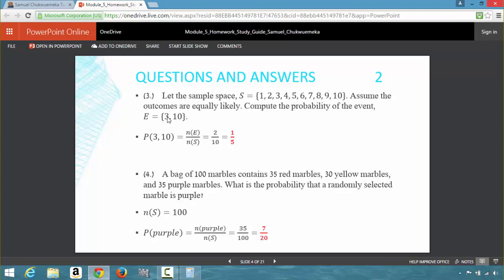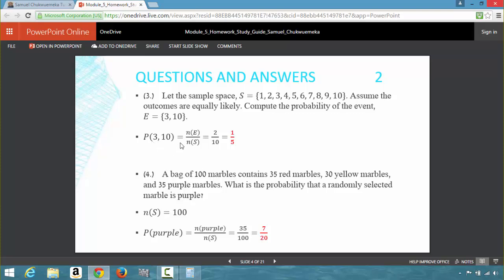So the event has 2 elements, 3 and 10. So the cardinality of the event is 2, and the cardinality of the sample space is 10. So the probability of this event, this is the formula. We did this in that prerequisite video.